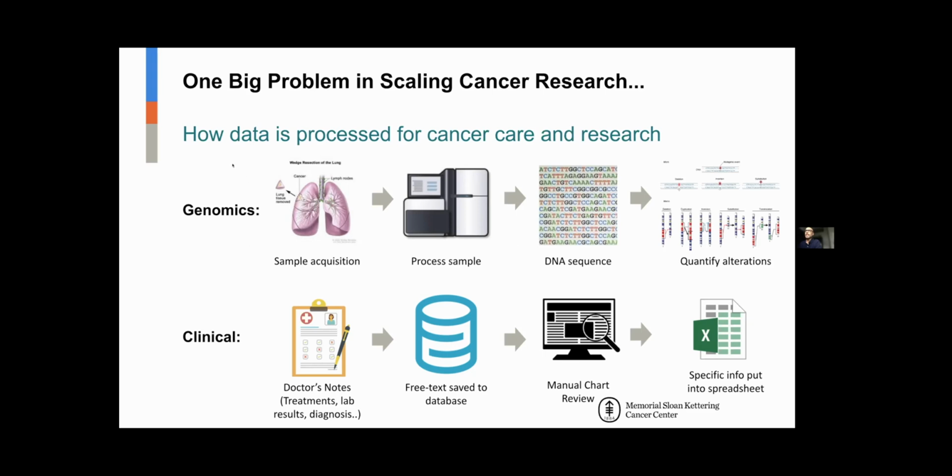In order to do that, you have to process a large amount of data. And in genomics, it's pretty straightforward. A patient will have some initial surgery, more or less, to remove the cancer, or have a biopsy to look at the cancer itself. It goes through genomic sequencing to process the sample. You have the sequence, and then you can quantify which alterations exist. It becomes very structured. It's easy to tabulate all of this genomic data.